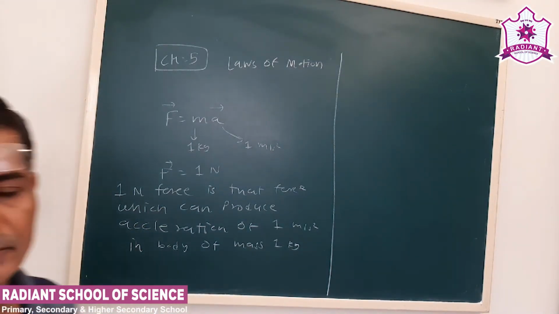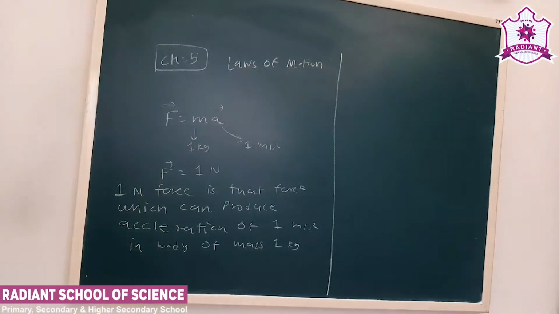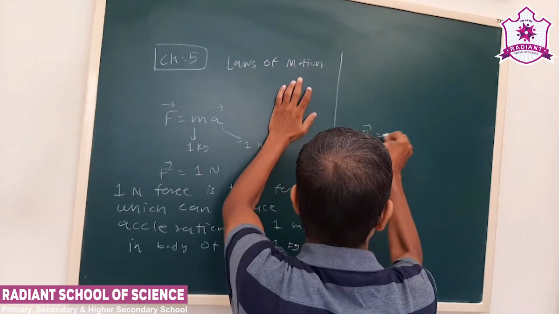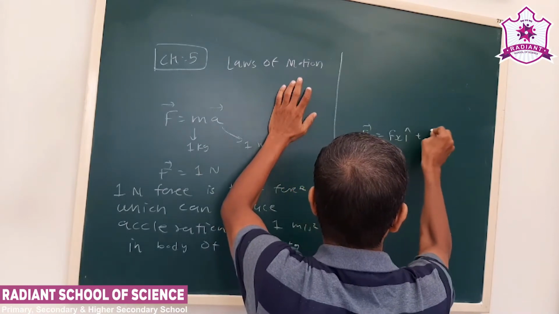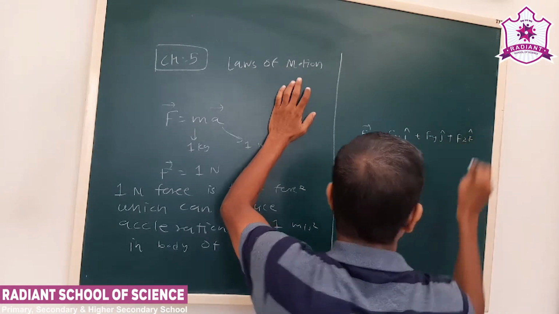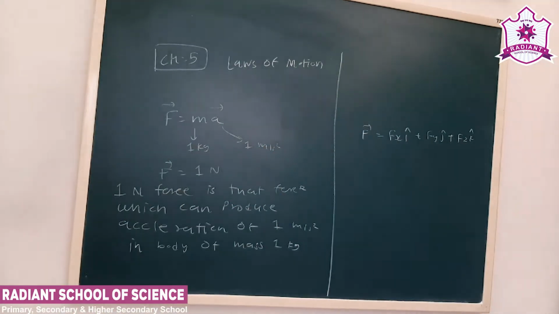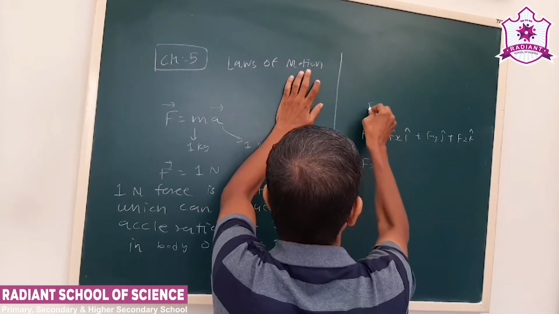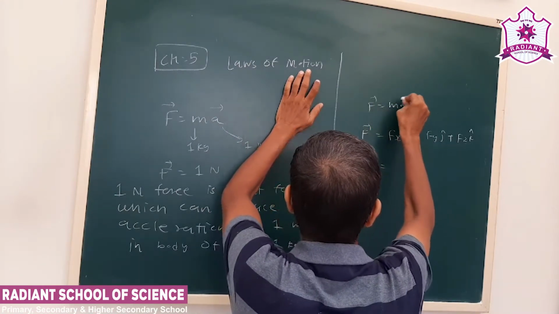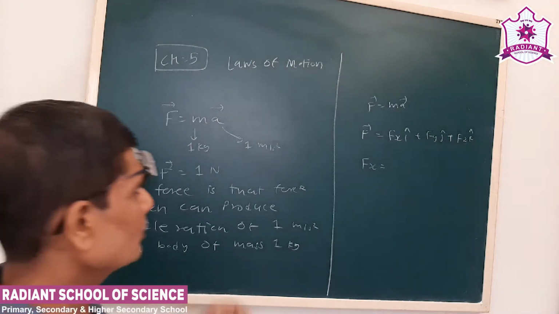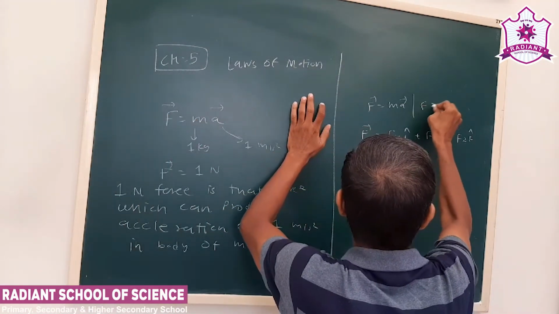Now we know the force is a vector quantity, so it can have components. We can write F is equal to Fx i plus Fy j plus Fz k. We also saw that F is equal to dP by dt. We have to keep in mind F is equal to ma also while writing the equation of the force.